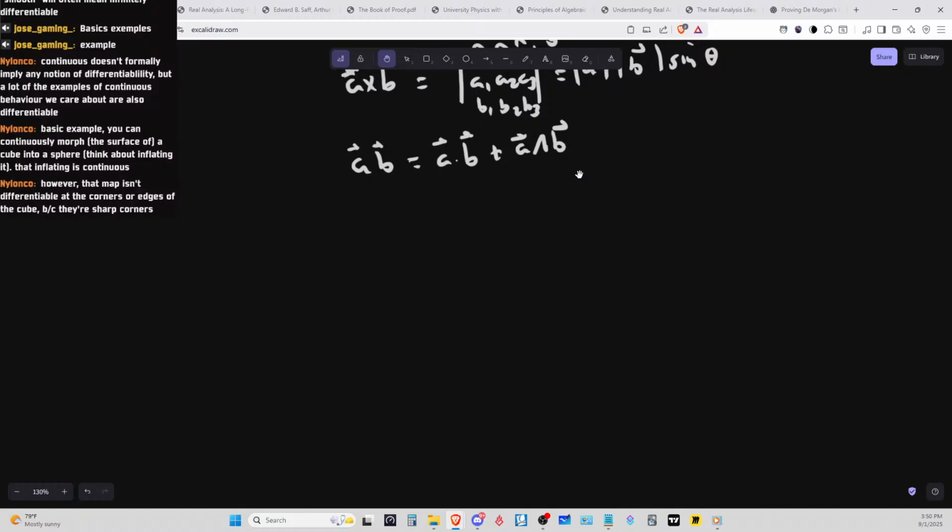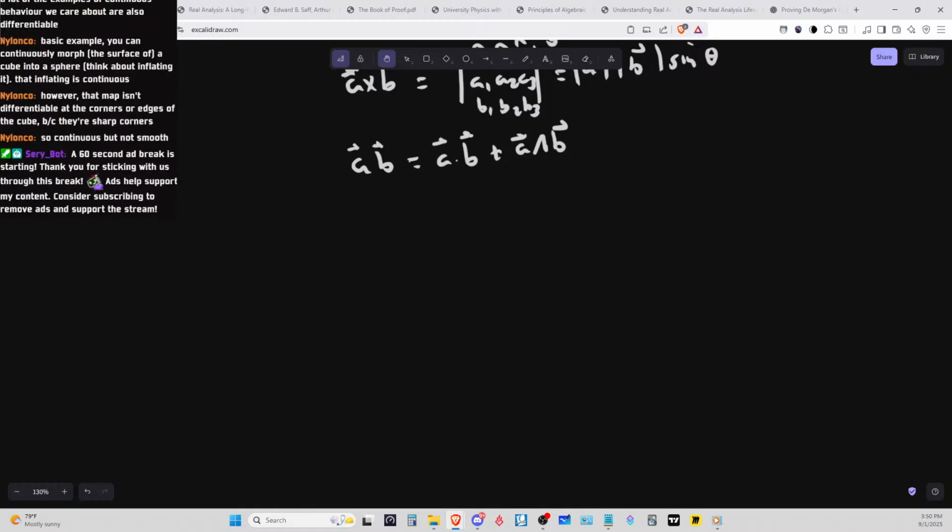Oh, okay, so I think I'm starting to get a little bit of what you mean. So continuous but not smooth. Let me reread your example. You can continuously morph the surface of a cube into a sphere. Think about inflating it.